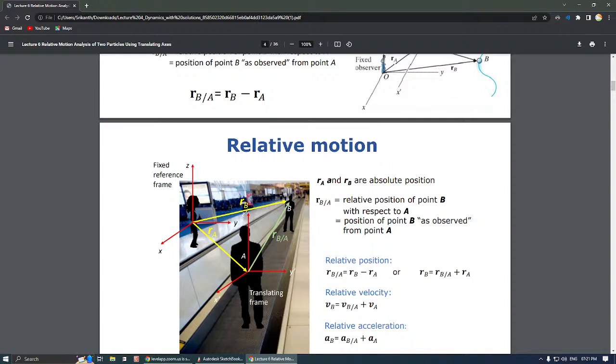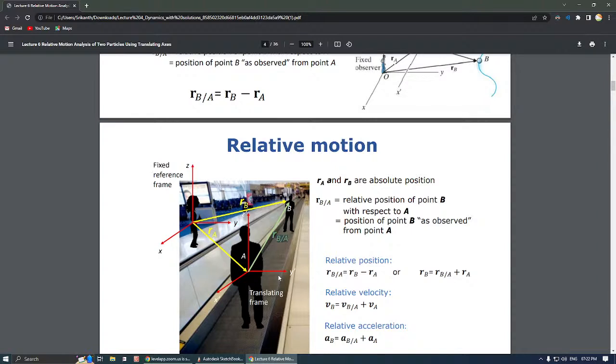So now RA is the absolute position of A. And if the observer is watching another person B, that will become absolute position of B. But if the person A is watching another person B, because both of them are moving, that becomes relative motion.